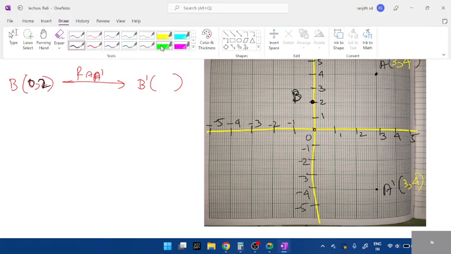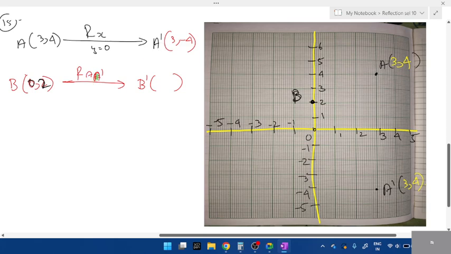Where is this reflecting? A dash, right? What do you mean by A dash? Reflection in A dash is the mirror. So let me join this. Okay, this is the mirror.